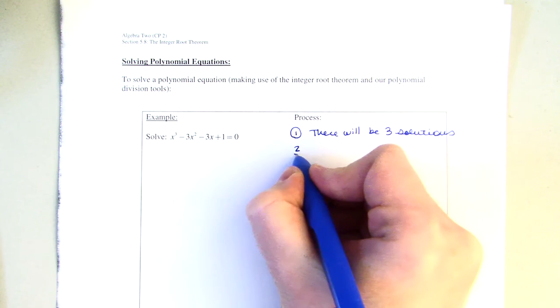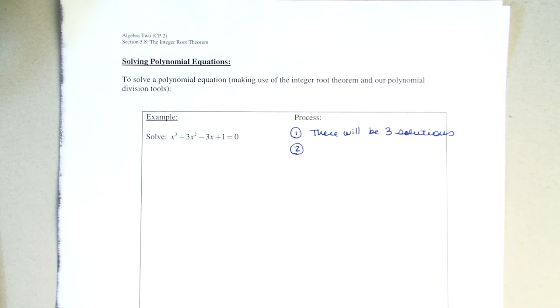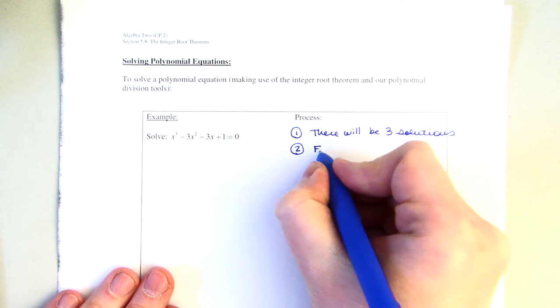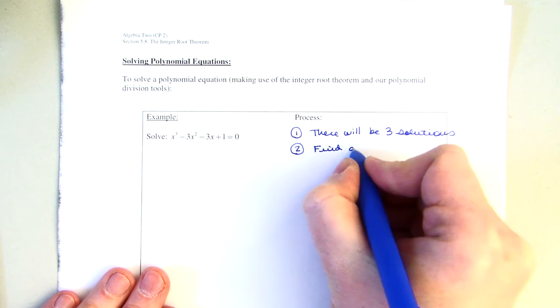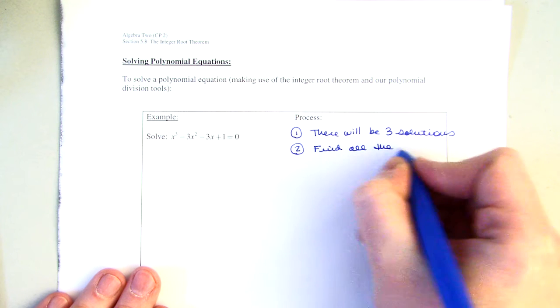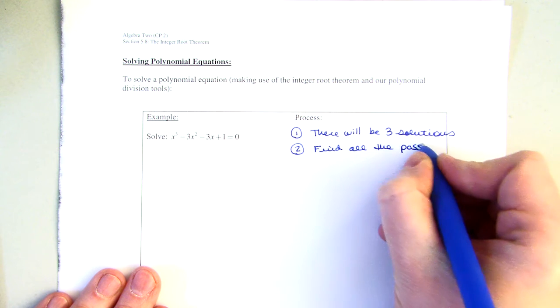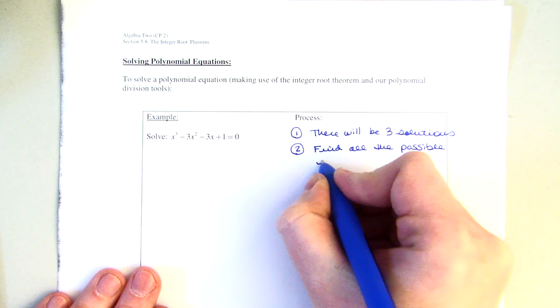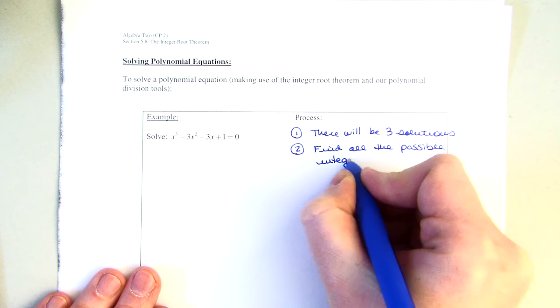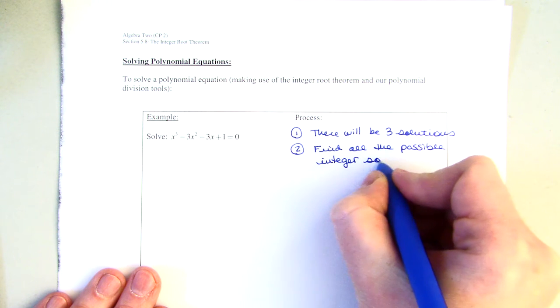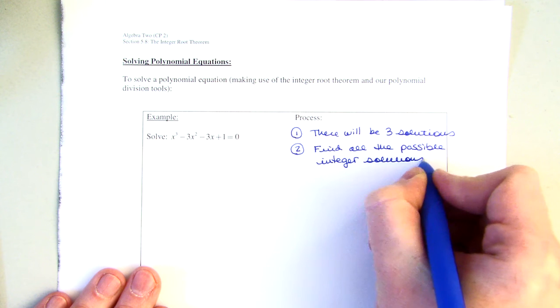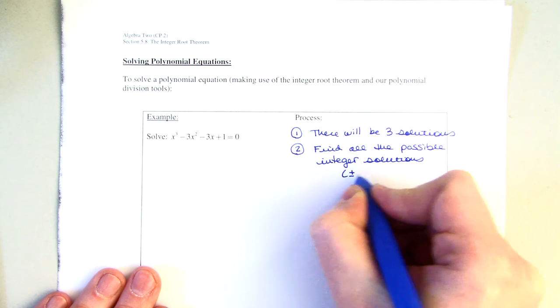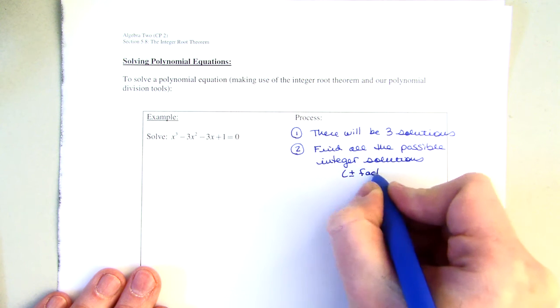Next thing I want to do is find all the possible integer solutions. And remember, to do that, all we need to do is take plus or minus factors of the constant.